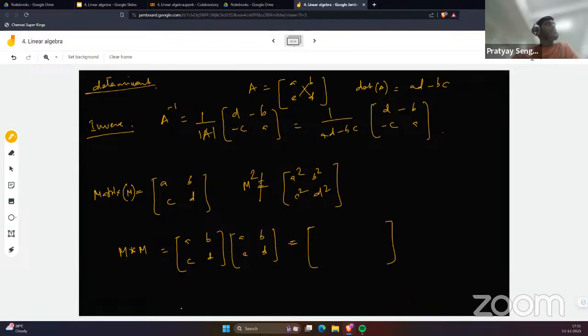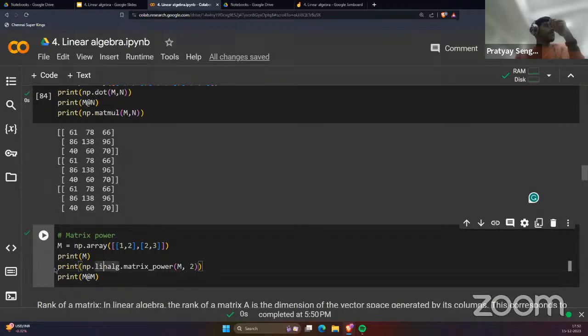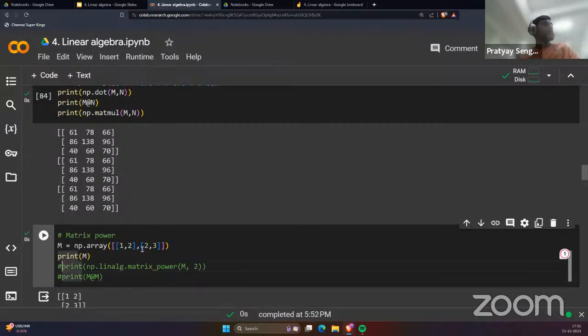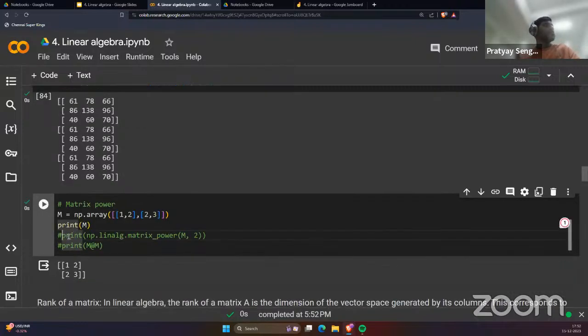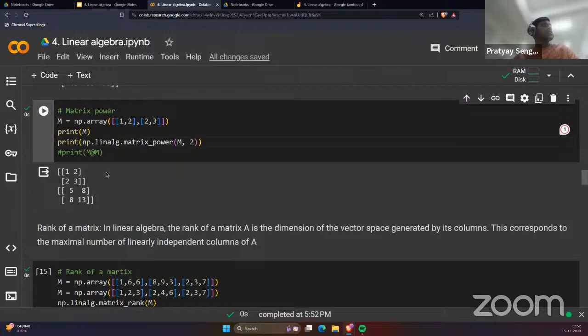You can use matrix multiplication. So basically, to do that, you can use numpy matrix power, and then give it a power. Say let's get the matrix 1 2 2 3, and the power is 2, which is basically 5 8 8 13, right?